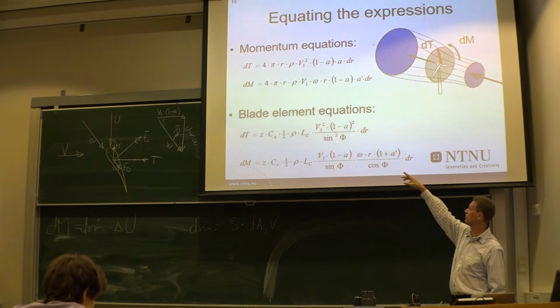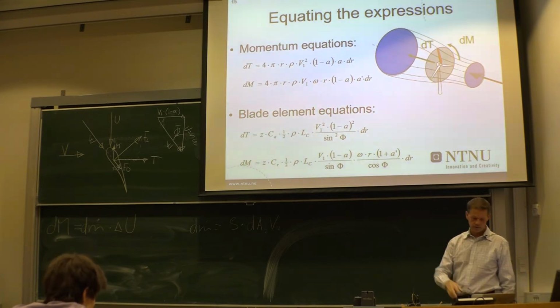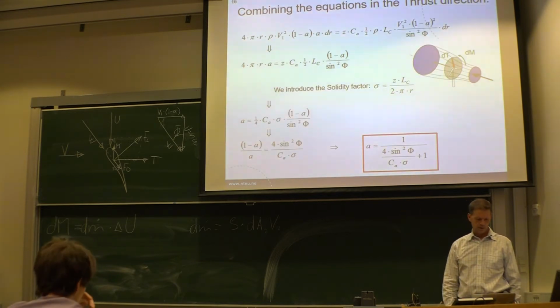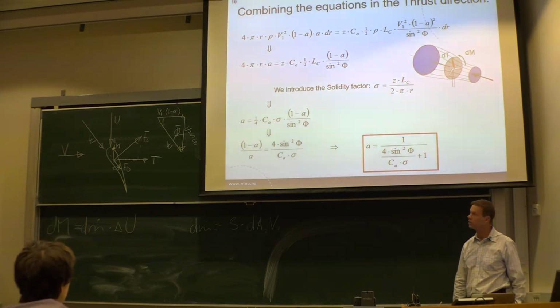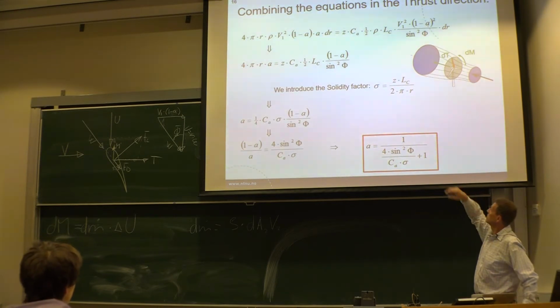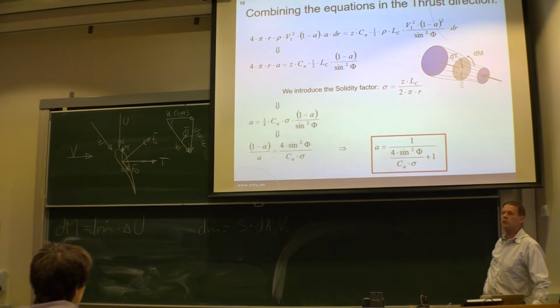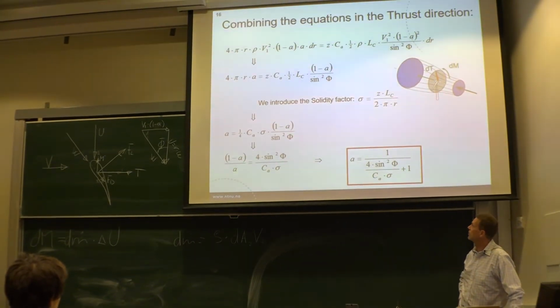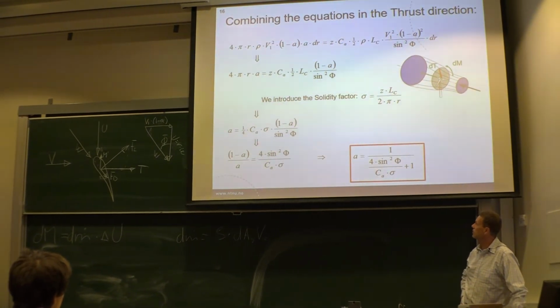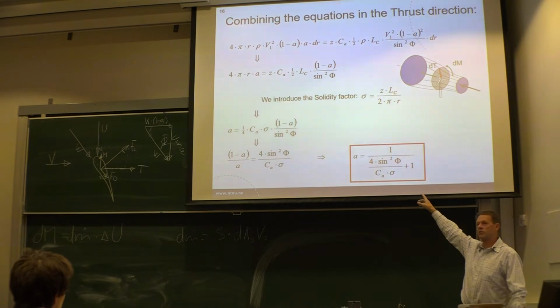And the same thing for dm. So let's go for the thrust direction first. We have the two equations, and then we can start to eliminate unknowns, and then we can find an expression for the actual induction factor.